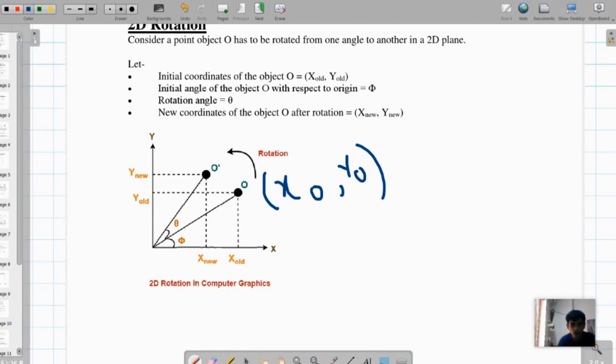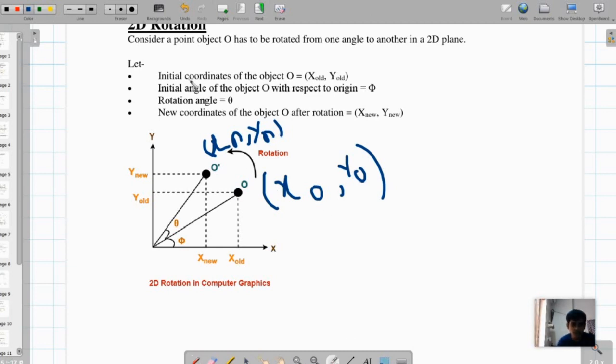Now you are told to rotate this point object by an angle of theta in the anticlockwise direction, and after rotation you will arrive at a new location O dash for the point, which you can observe here. After rotation, the new location O dash has a new coordinate x new and y new.